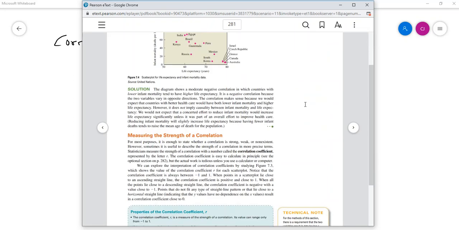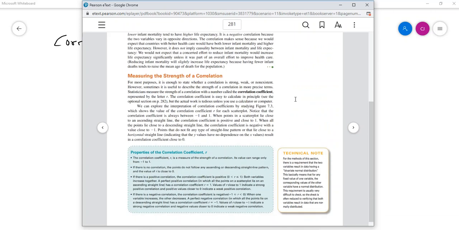Now, this says measuring the strength. Well, we need a formula, and we're going to actually use our calculator. We're not going to do this in this video right now, but we are going to plug some numbers into the calculator and come up with some values. So let's talk about the properties.